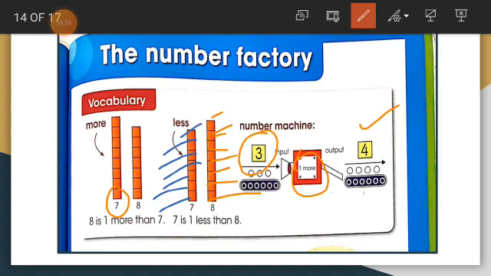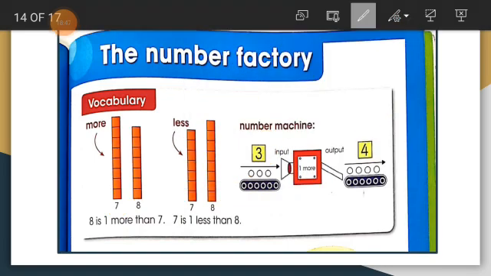When we cut this one box from here, because we are finding the answer for 1 less, the answer will come 7. Is this clear? And when we add 1 more, that means 7 plus 1 is 8. Is this clear now? Now move to the next one.